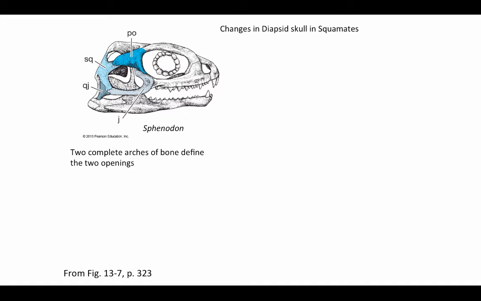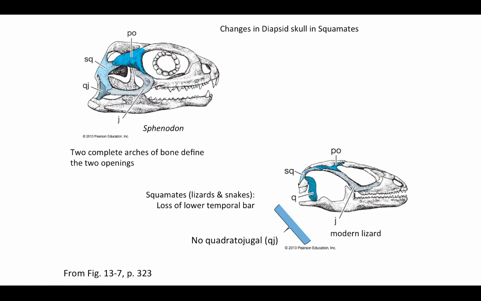And cranial kinesis in squamates is characterized by extreme reduction in the dermatocranium. So in snakes and lizards, what we see is the loss of that lower temporal bar. So that lower temporal fenestra, and fenestra literally means window, so we can think of this as a window in the dermatocranium, is no longer even recognizable because it's lost its lower border.